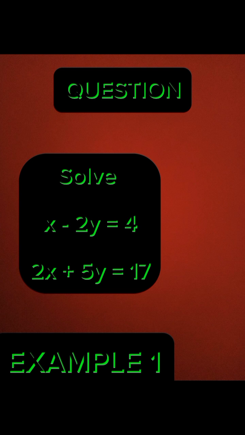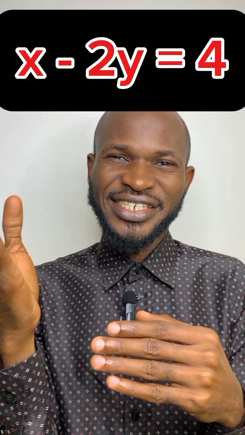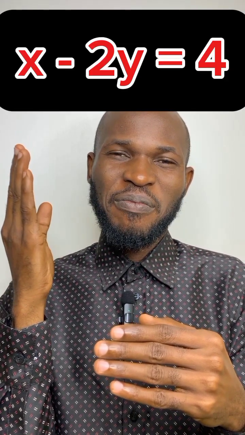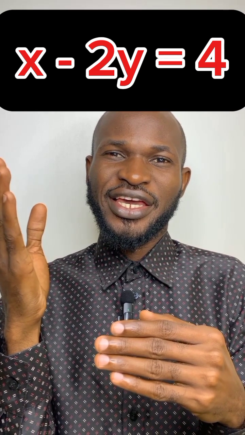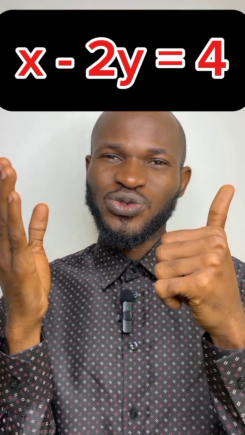So now, of course, on your screen, we have x minus 2y is equal to 4.